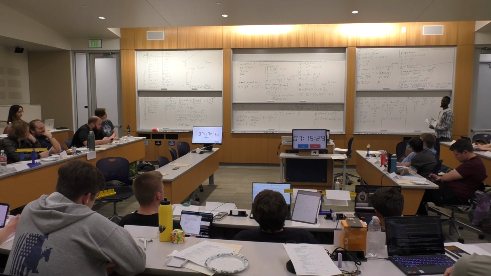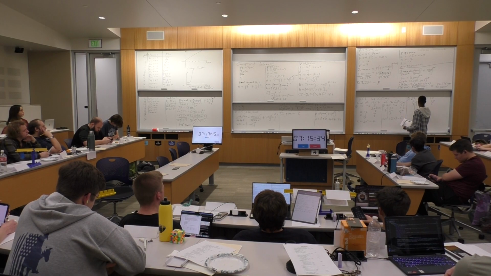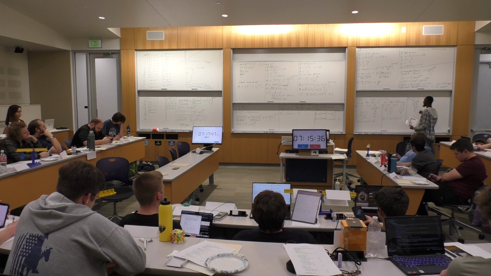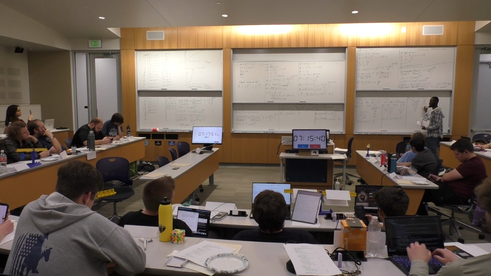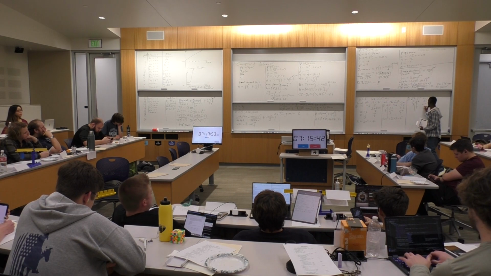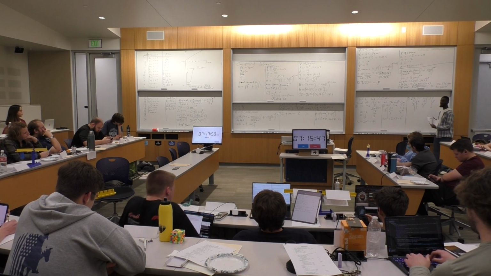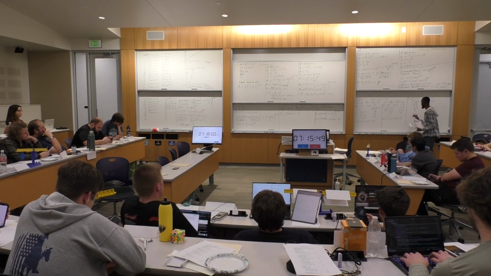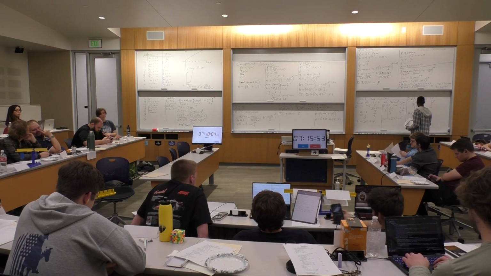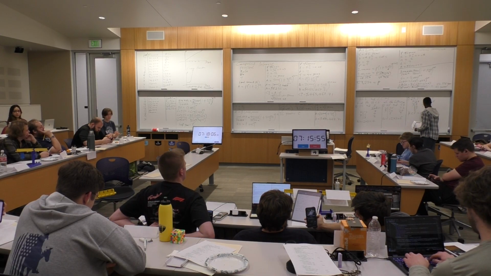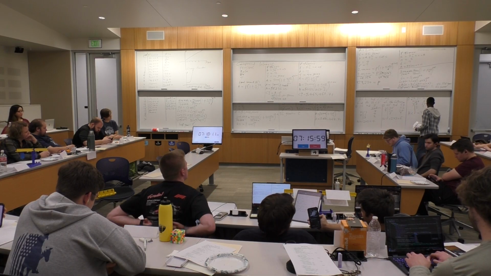What else can divide through? 3. 9 divided by 3 gives 3, and 27 divided by 3 gives 9. What else can divide through? Nothing else. Hence, our HCF is equal to 3 times 3 equals 9.